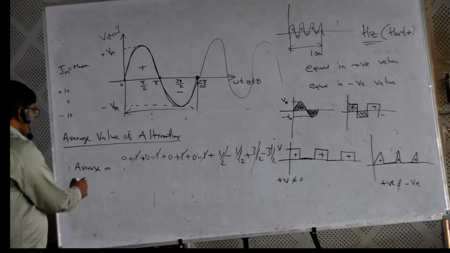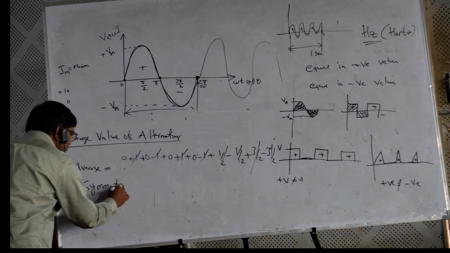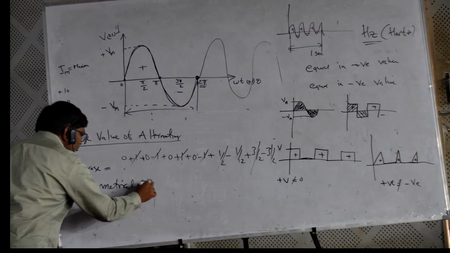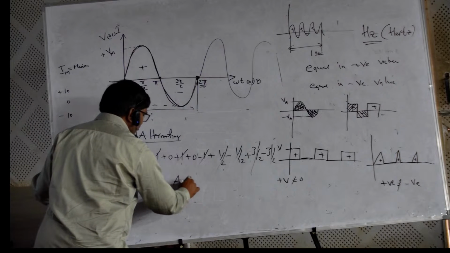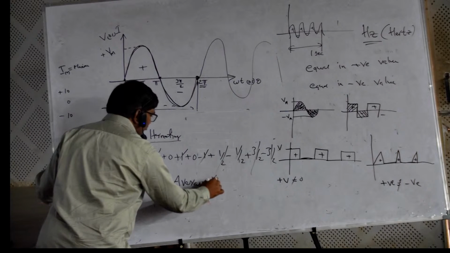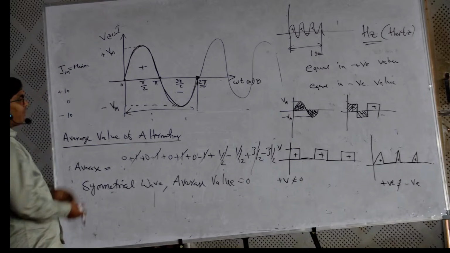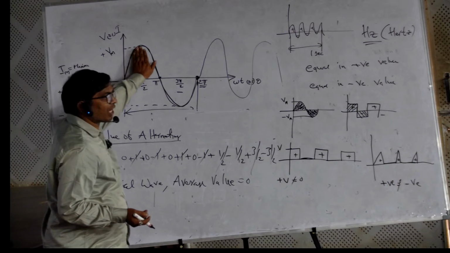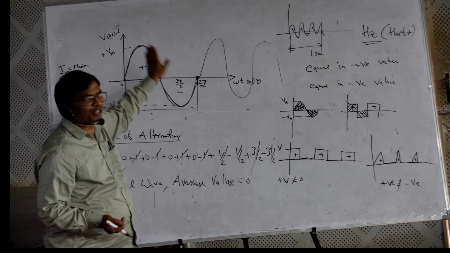Symmetrical wave, okay. For a symmetrical wave, the average value is 0. Why? Because here see, the positive and negative values are equal in magnitude.